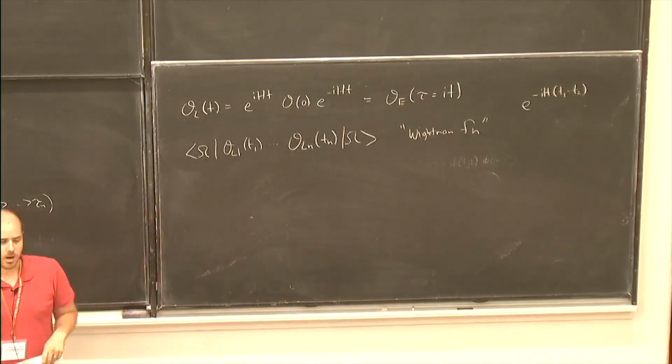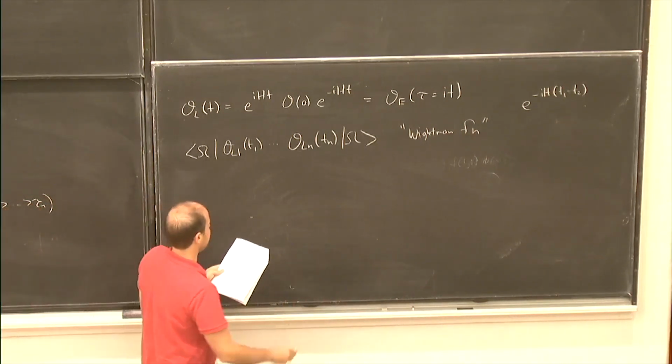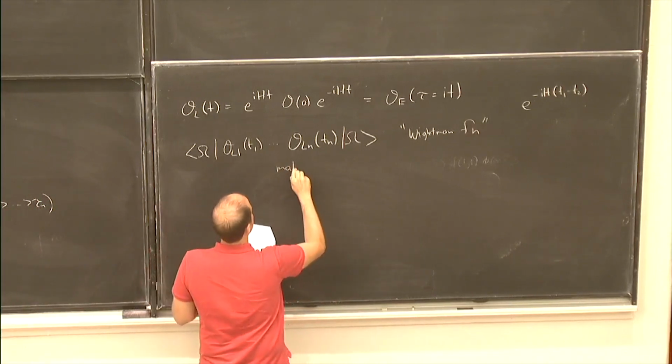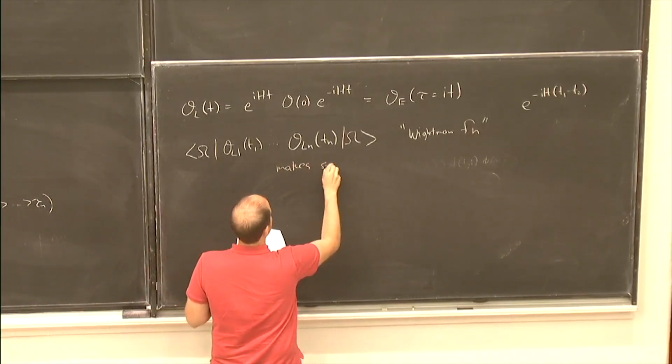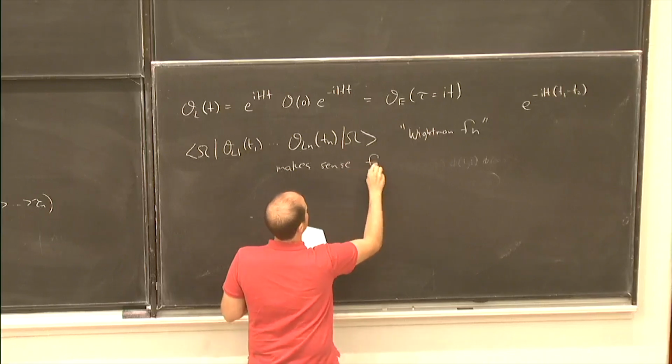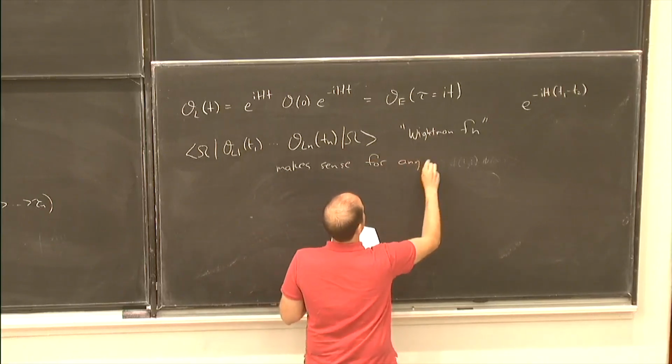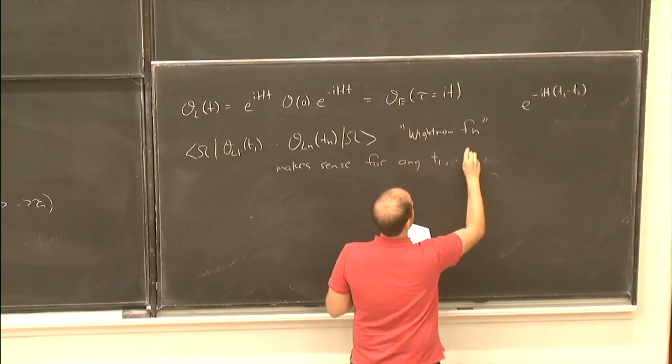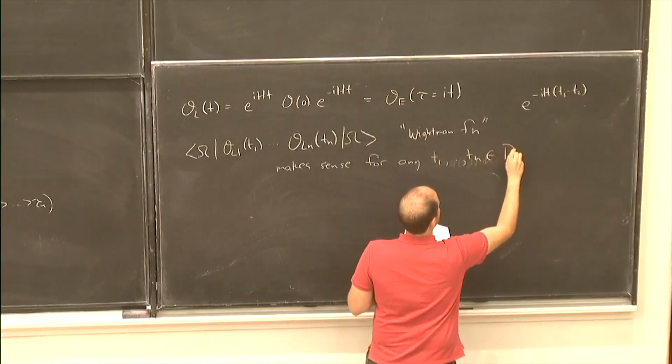We can consider it at arbitrary real Lorentzian times. So this makes sense for any t1 through tn that are real.